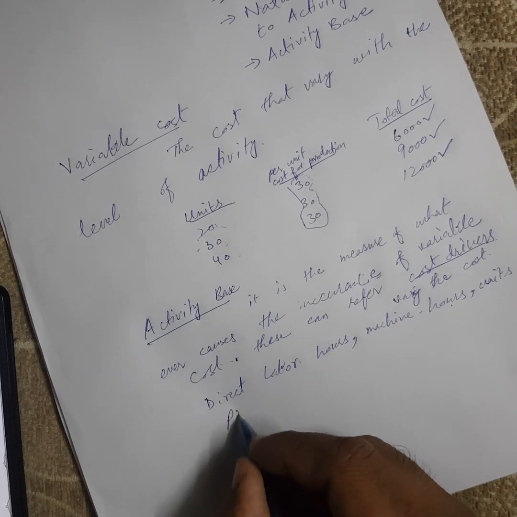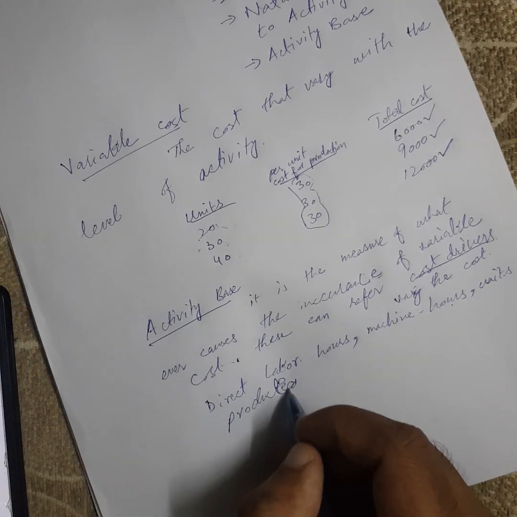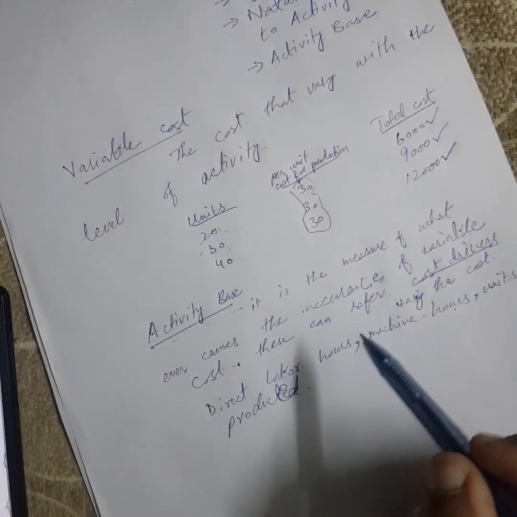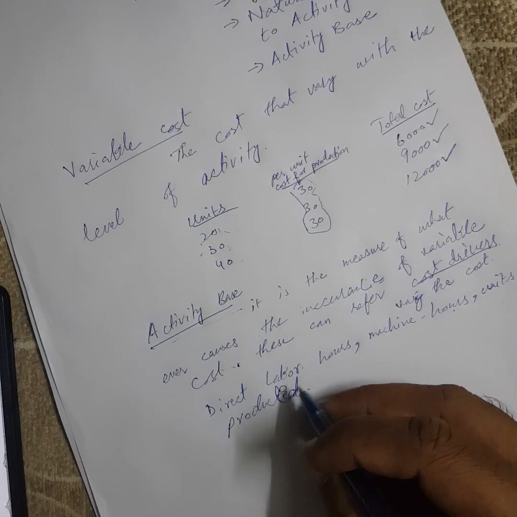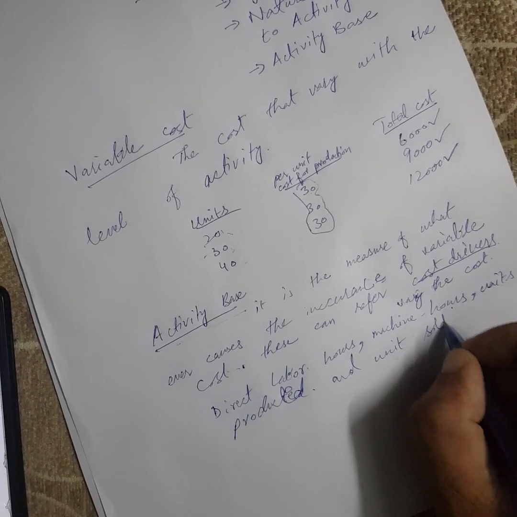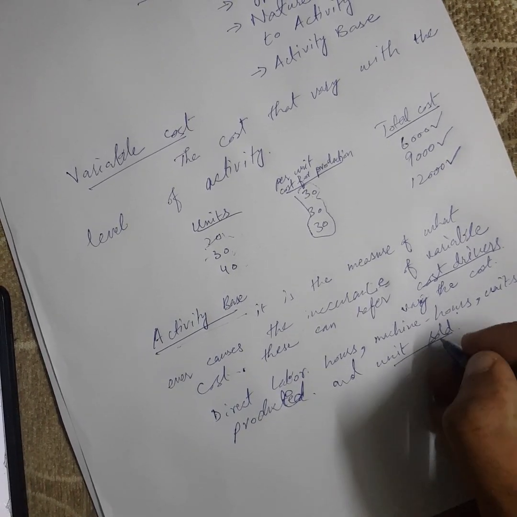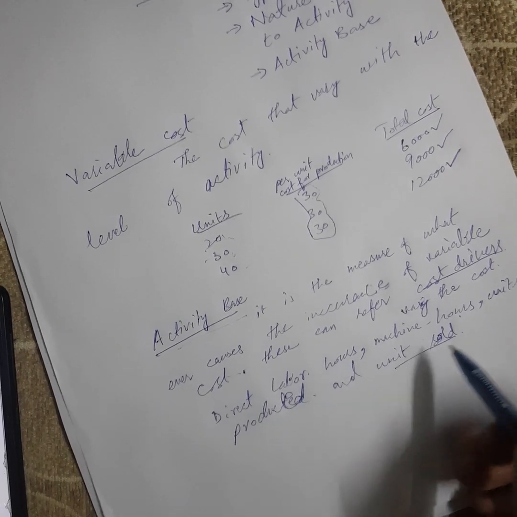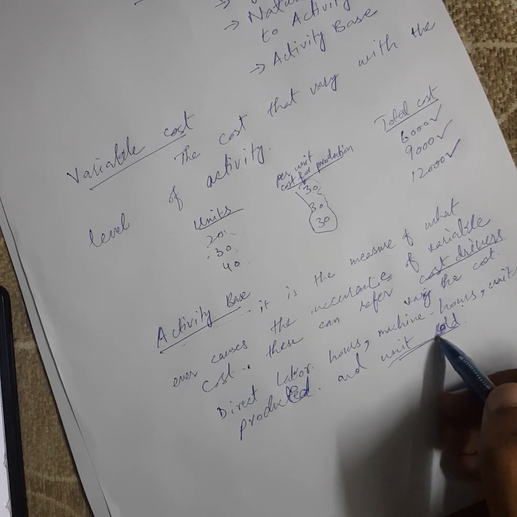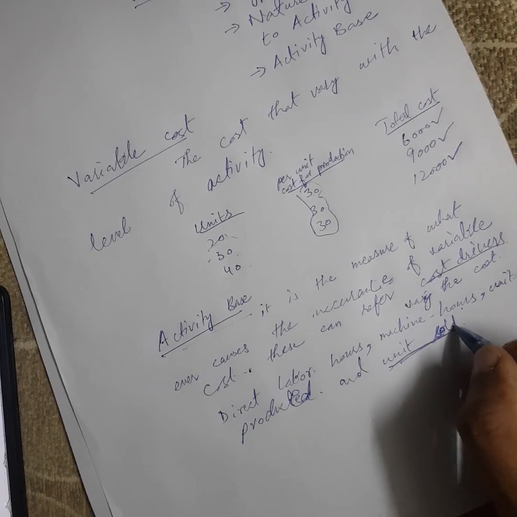So units produced can be the activity base of variable cost. And units sold; for selling the units there also comes labor, who put efforts into unit selling.